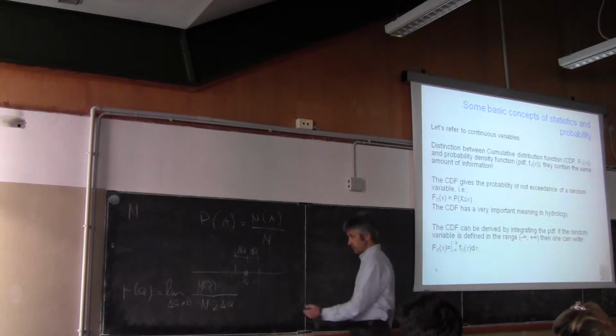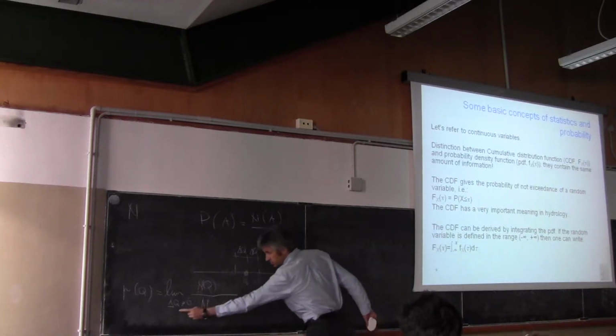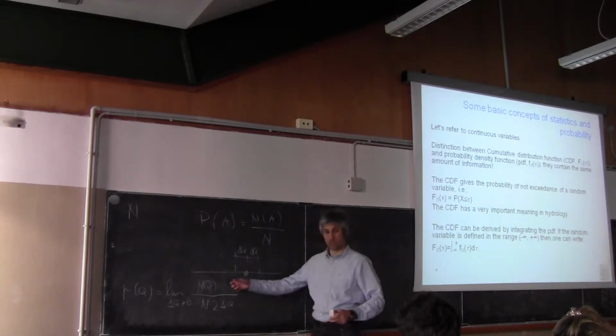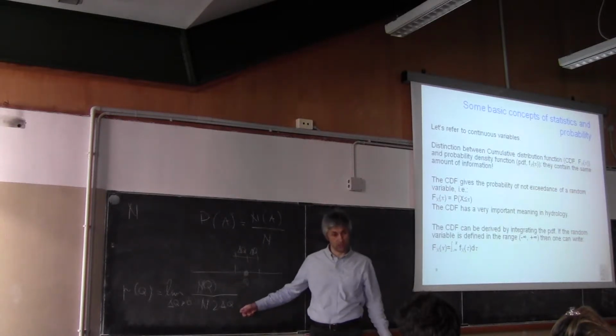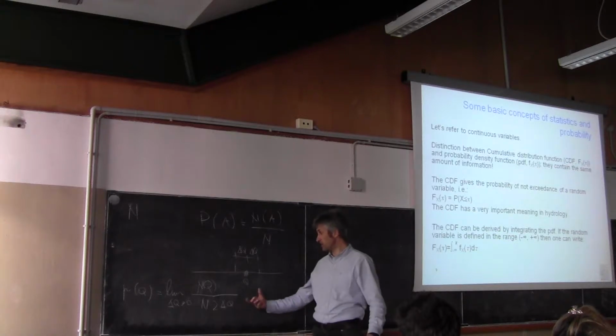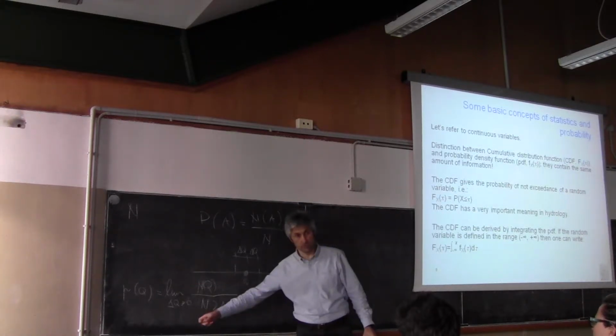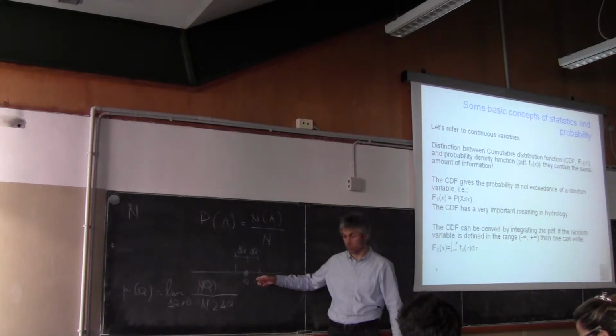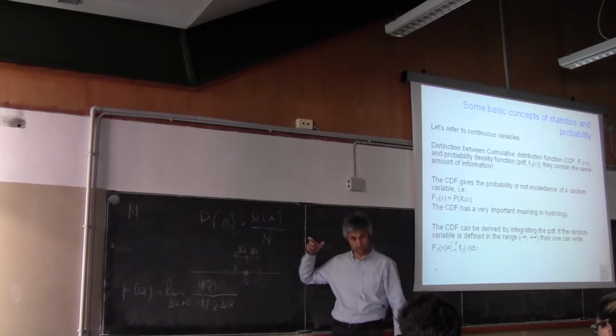And I said, if you decrease delta q tending to 0, you get, of course, the numerator that tends to 0, the denominator that tends to 0 as well, and then this limit converges to the probability density of the real variable to take the value q.